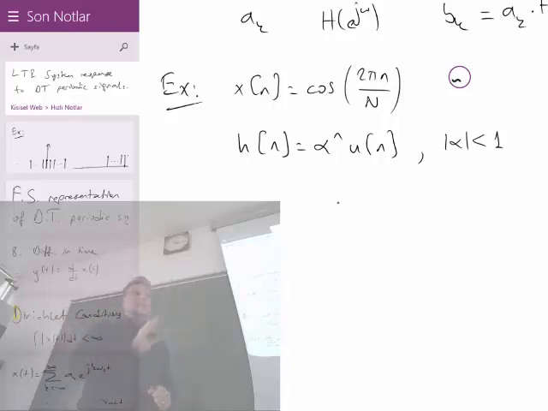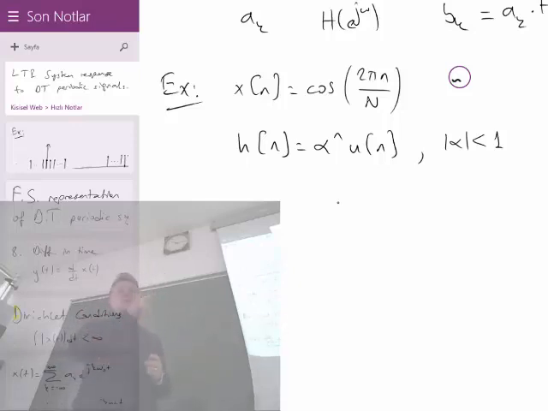Is it causal? First things first. It is causal because the impulse response shows itself at the point and after the impulse. The impulse comes in the center and the response comes afterwards.